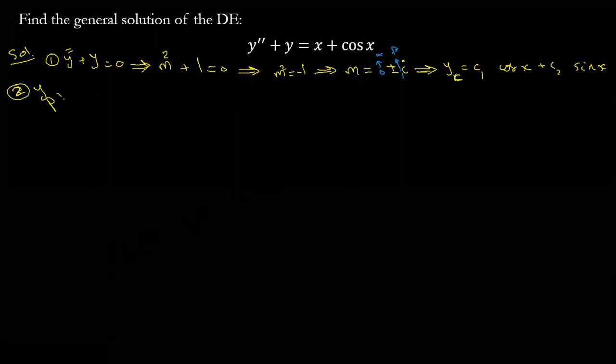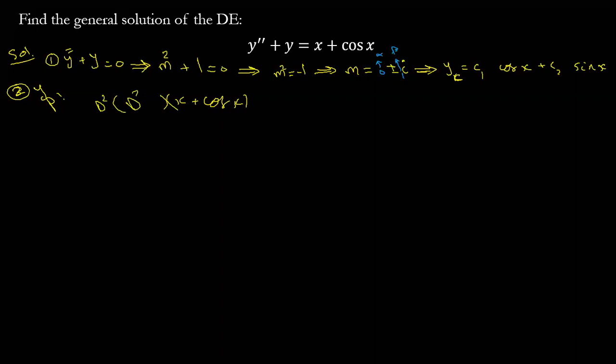To do that, you need to guess the annihilator of x plus cosine. Doctor, we did it in the previous problem, and it was d squared times d squared plus 1.